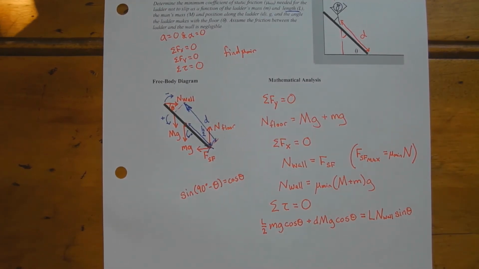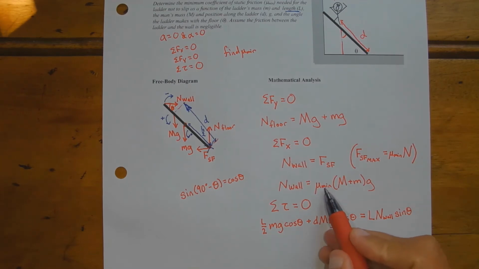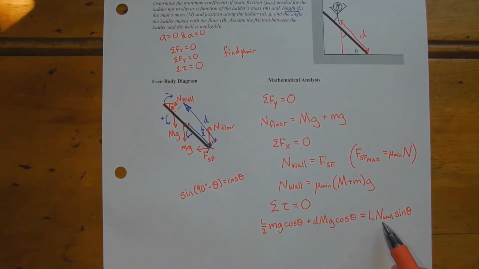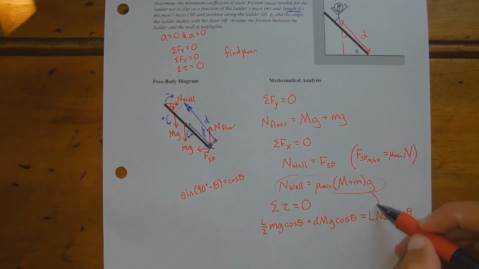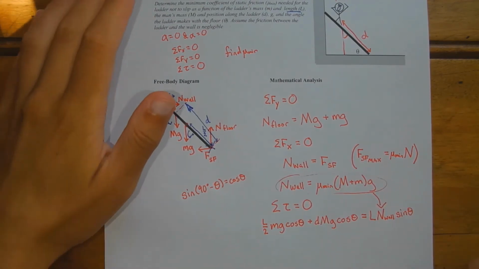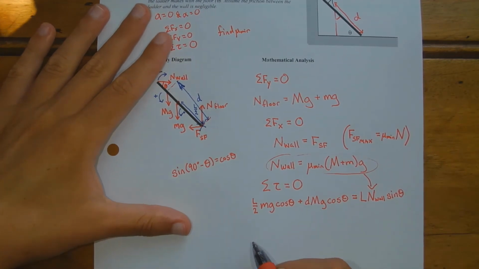Okay, and then I'm looking for the coefficient of friction. I have an equation here with one unknown. I can take this and put it in for N wall and then solve for my coefficient.